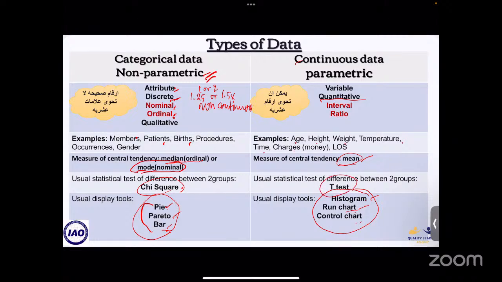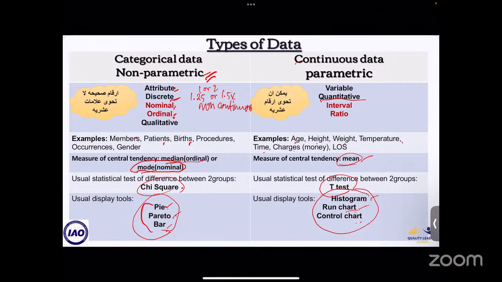If you understand the type of data that you are working with, you can confidently choose the right statistical method and tools to analyze and present your data effectively. For non-continuous data, as I said a while ago, use the bar, the pie, and the Pareto. Examples include patient visits, causes of problems, or medical errors.